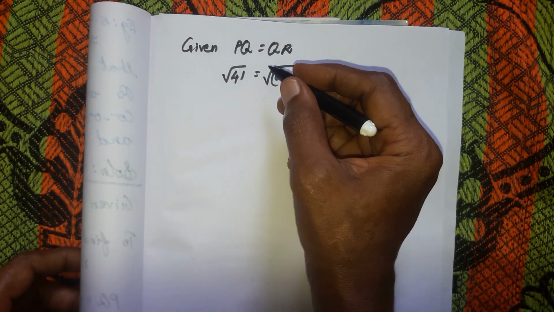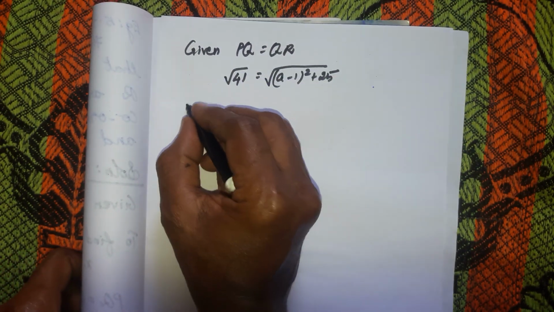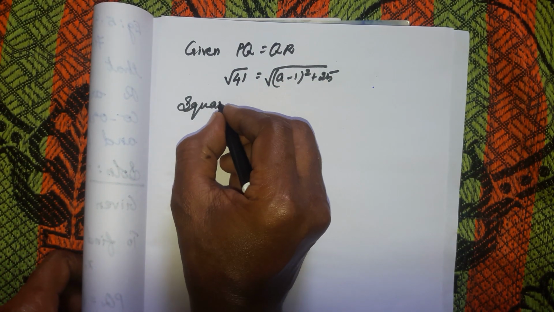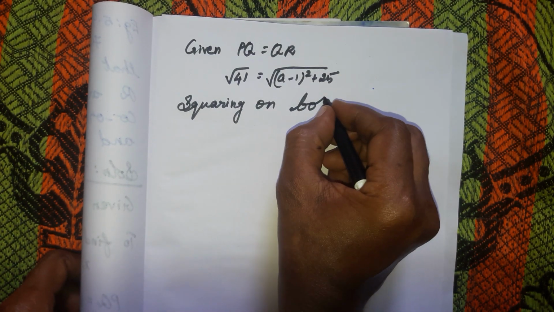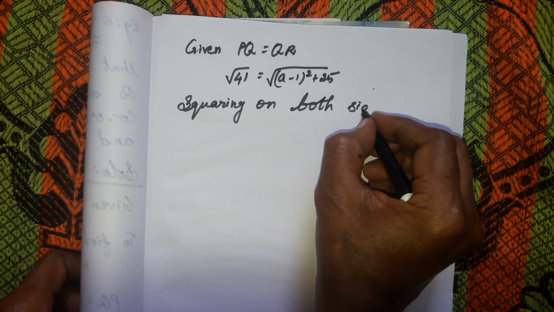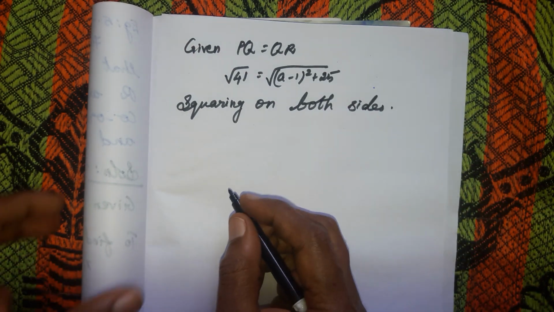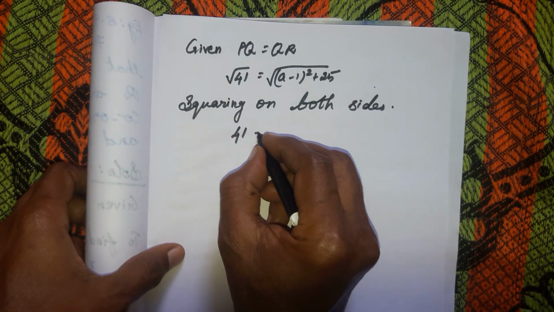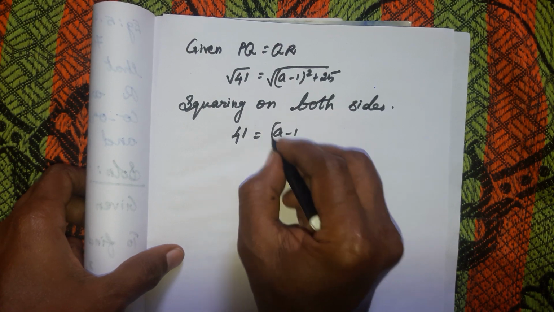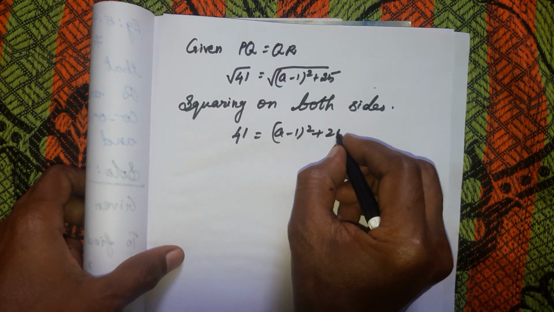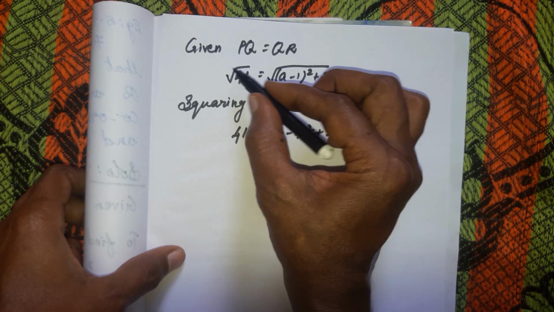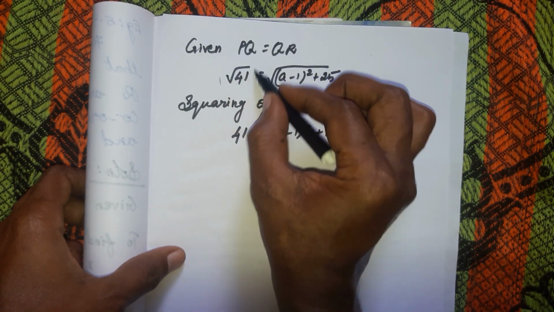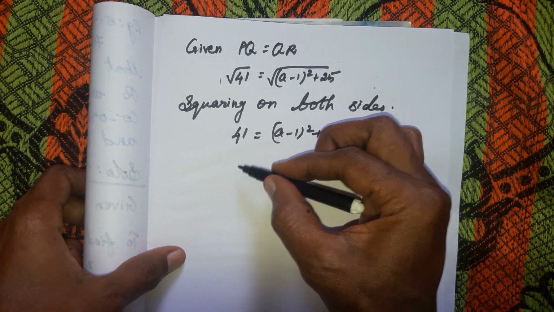Squaring on both sides, what are we getting? 41 is equal to (a minus 1) the whole square plus 25. When we are squaring, the square root will be cancelled. Squaring root 41 the whole square means 41.